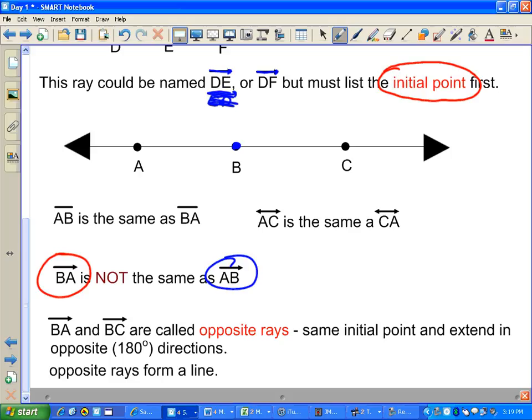So up here, I have an initial point of B pointing towards C, and I can have the same initial point at B pointing towards A, and those would be opposite rays. Together, opposite rays form a line. So BA, in conjunction with BC, forms line AC. That's another way to check to make sure you have opposite rays.